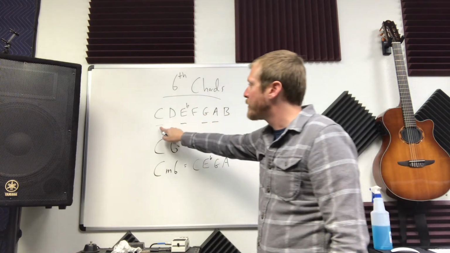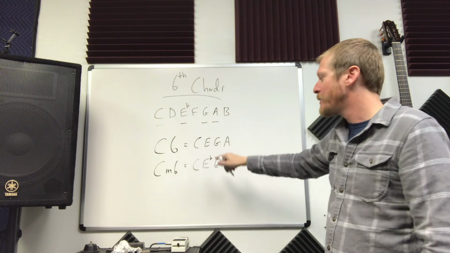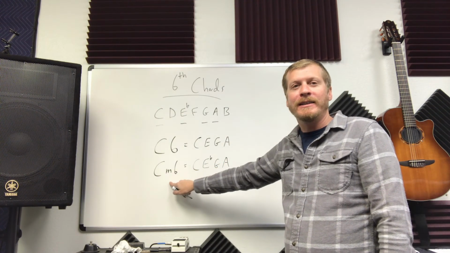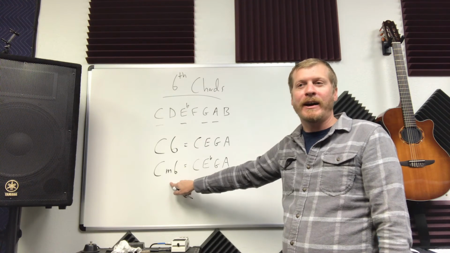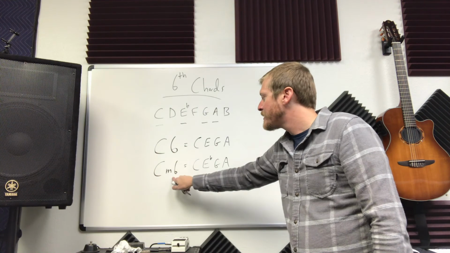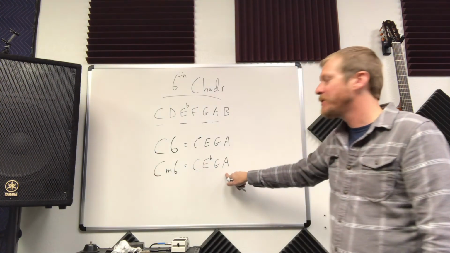So the interval from C to A is a major 6th. So even though it's a minor sixth chord, it contains a major sixth interval in that. And a lot of people don't realize that in the beginning. So a minor sixth chord has a flat 3, a normal minor triad with a major sixth at the end.